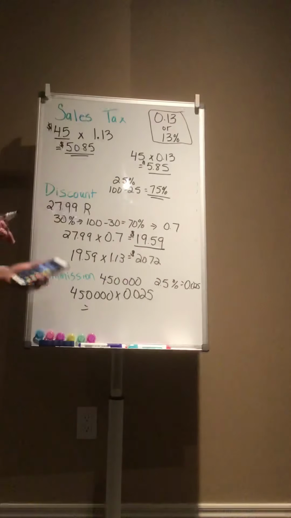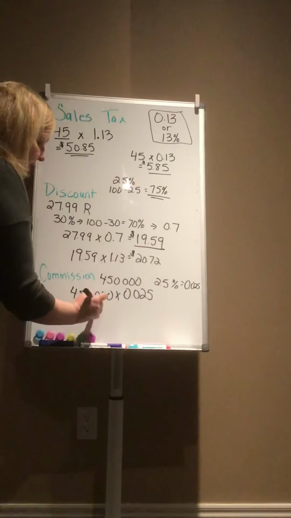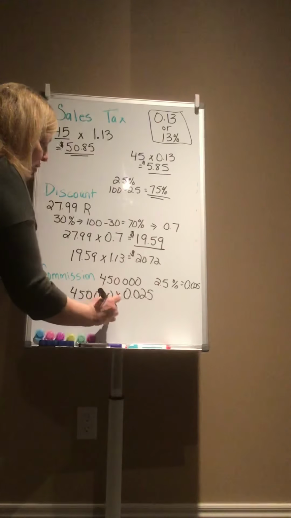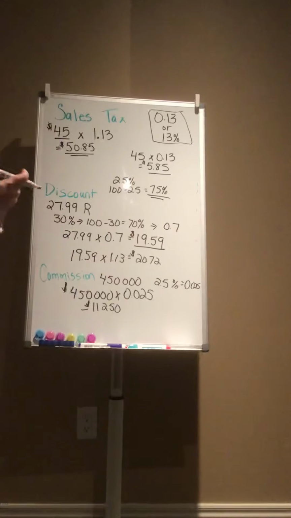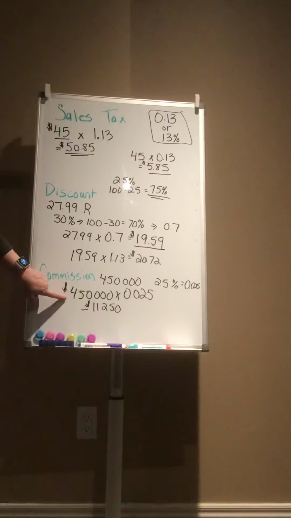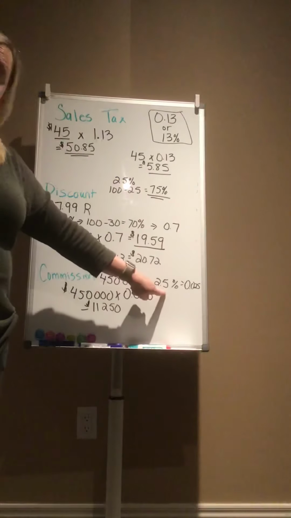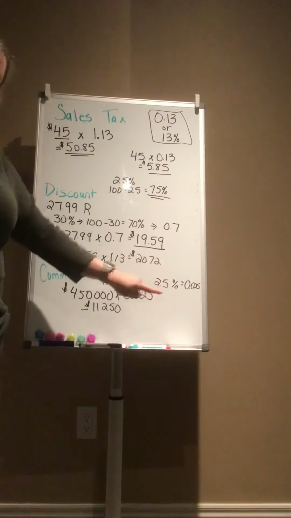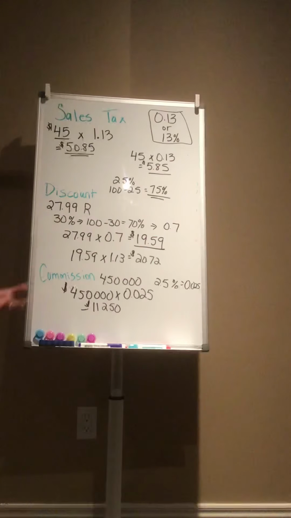So I take the $450,000, I multiply by 0.025, and I get $11,250. So if George manages to sell my house for $450,000 at his 2.5% commission rate, I have to pay George $11,250 for his job of selling my house.